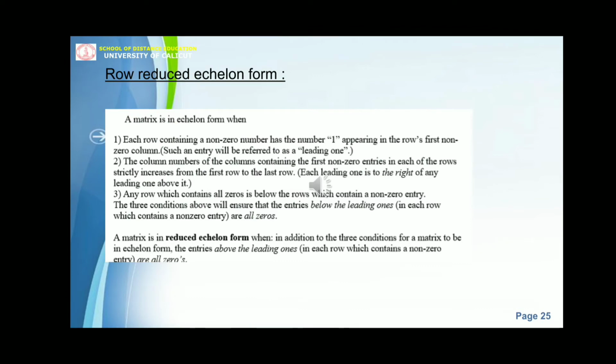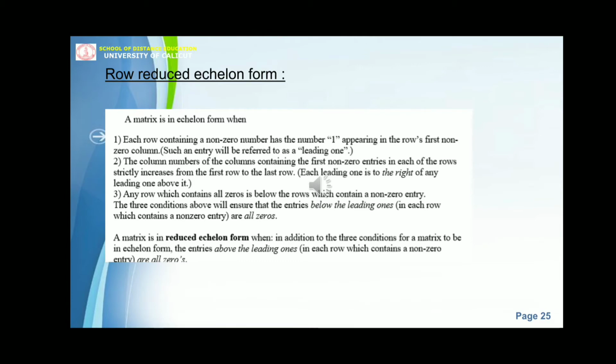Echelon form is a simpler form that we can reduce a matrix into, and it is really helpful in finding the rank of a matrix. A matrix is in echelon form when it satisfies the following three conditions. First, each row containing a non-zero number has the number 1 appearing in the row's first non-zero column, and this term is called the leading one.